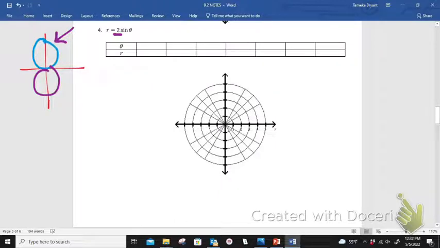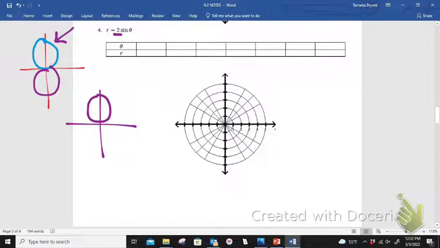So my graph is going to fall above the x-axis and it's going to hug the y-axis. So I am going to choose angles between 0 and 180 because I know that this graph is going to be in quadrants 1 and 2. I only need to use angles between 0 and 180.